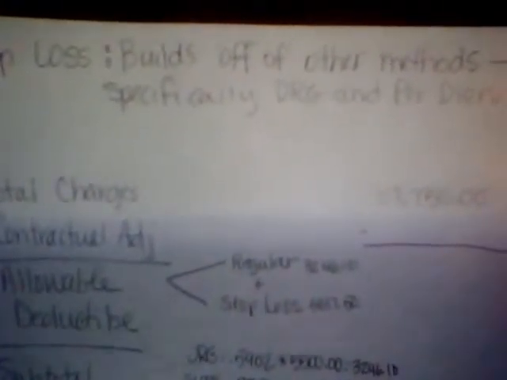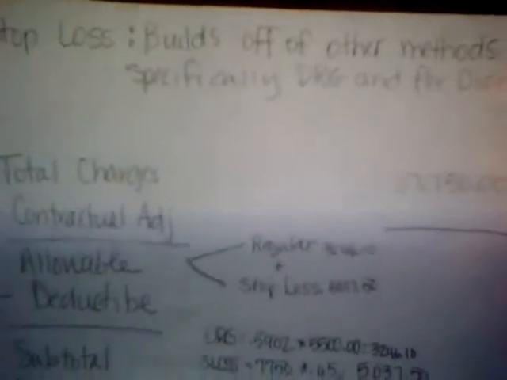Here's my stop loss calculation, the amount in excess of $30,000 times 65%. What I'm going to do with those two numbers is add them together, and combined, they create my allowable. So by adding 3,246.10 and 5,037.50, we will come up with the total allowable for this particular episode.